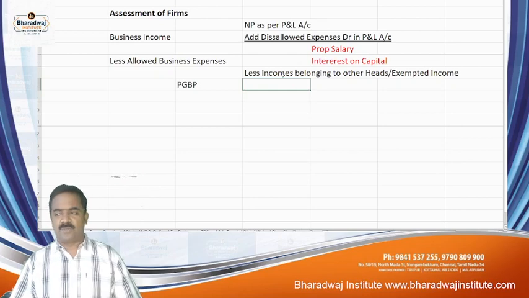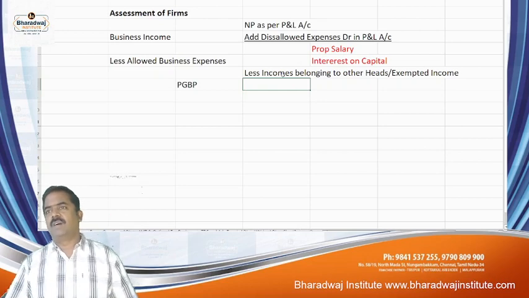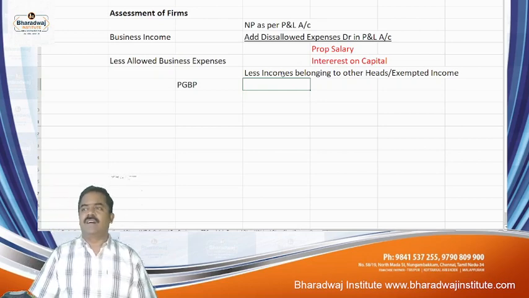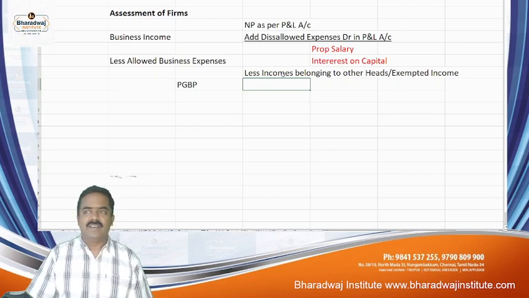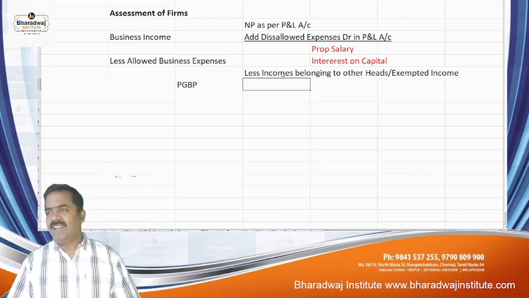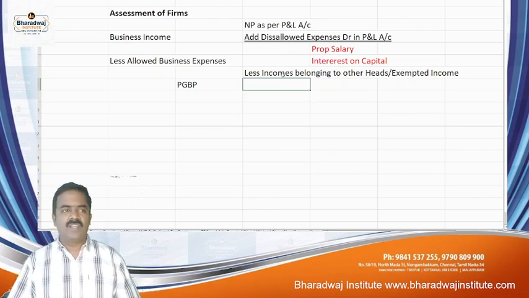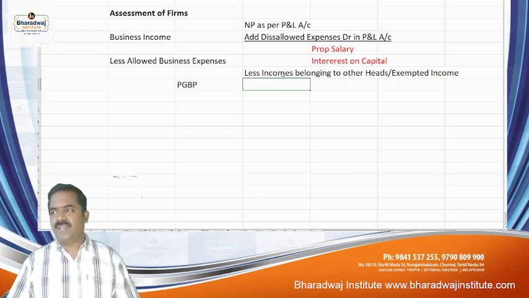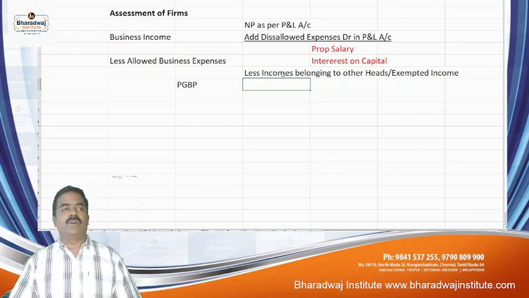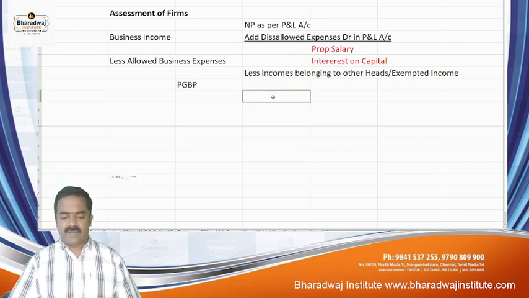Income from other sources. House property rent received will go to house property income. For example, the partnership firm or a person has purchased a lottery and got lottery winnings. Winnings are taxable under which head? Income from other sources. We will eliminate. Agricultural income is exempted. We will eliminate it like that. Income either belonging to other heads or exempted incomes we will eliminate.